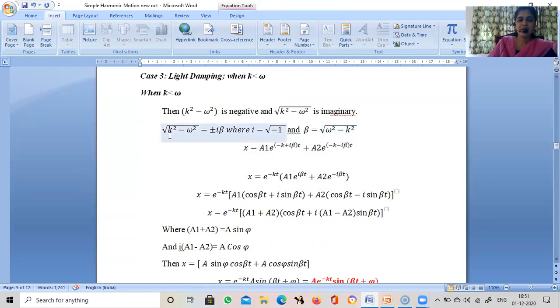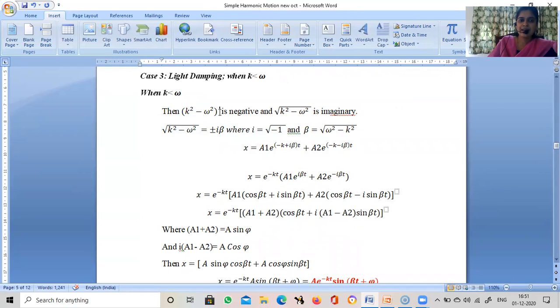So I am taking omega square minus k square as a constant, beta. I am writing this as plus or minus i beta, where i is root of minus 1 and beta is root of omega square minus k square.